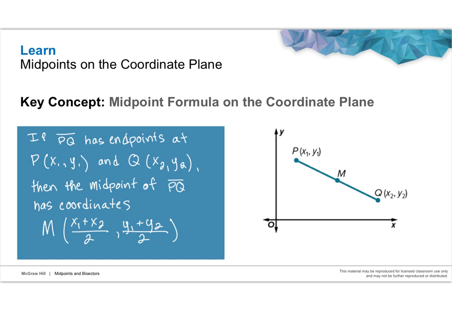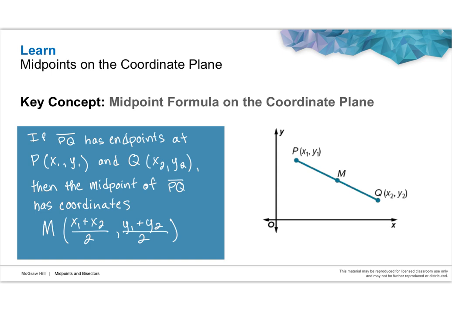It says if segment PQ has endpoints at P, which is given as x sub 1, y sub 1, and Q, which is x sub 2, y sub 2, and you can see those labels over here on the diagram, then the midpoint M has the x and y coordinates that come from x1 plus x2 over 2, or the average of the x's, comma, y1 plus y2 over 2, or the average of the y's.